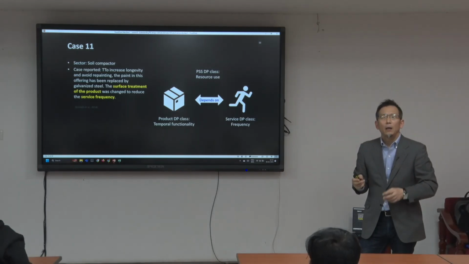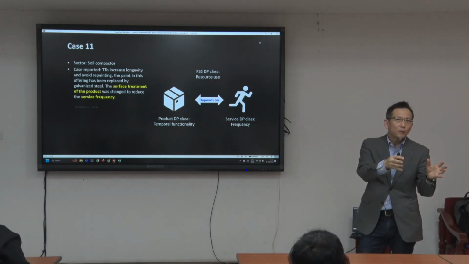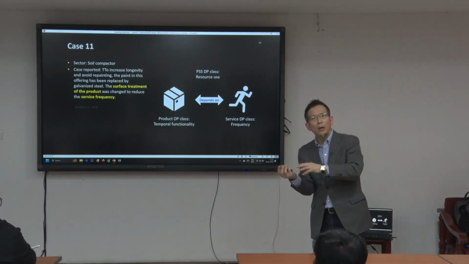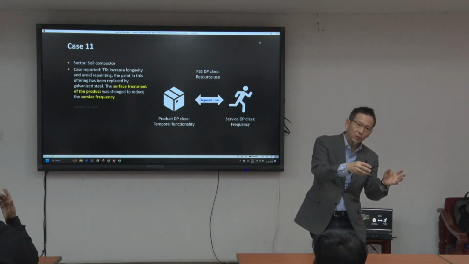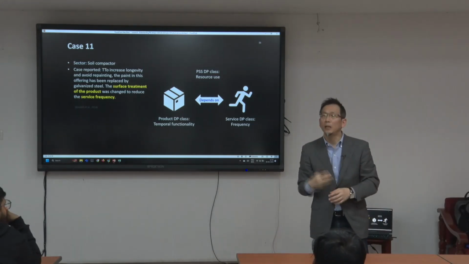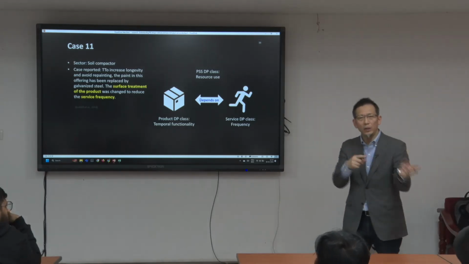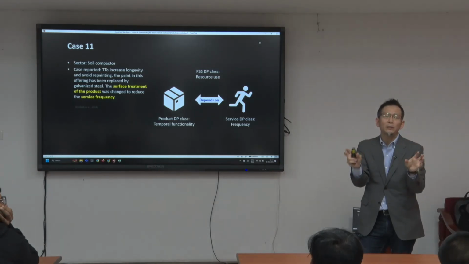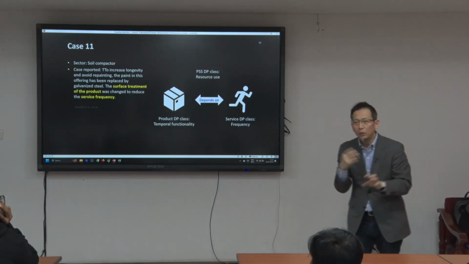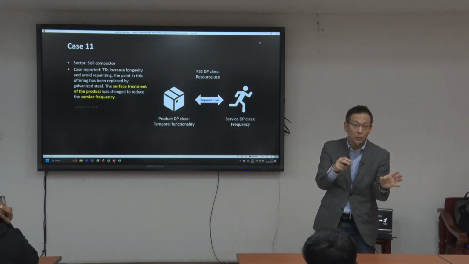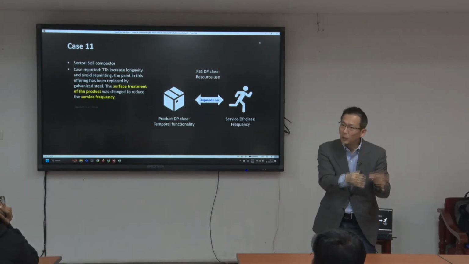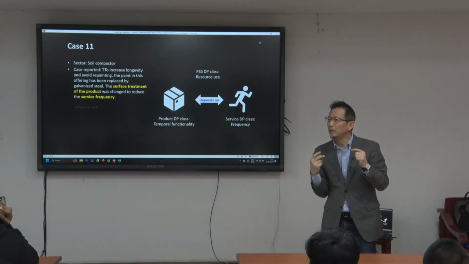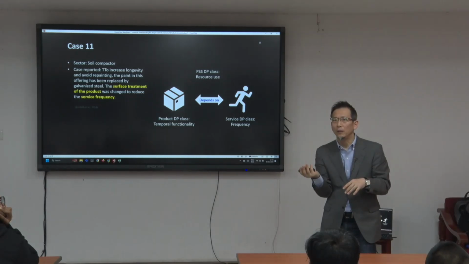Meaning that if only a product is used, then consider a service to be implemented to replace the product component, okay? To realize the same customer value, and the other way around as well. If you have both product components and also service activities, then consider improving the balance of the efforts put into the product components and service activities. Okay? So those are the things that you should consider in improving the product service system.